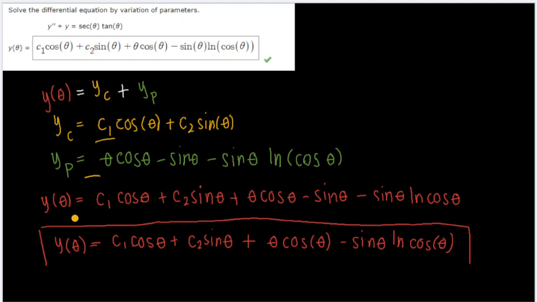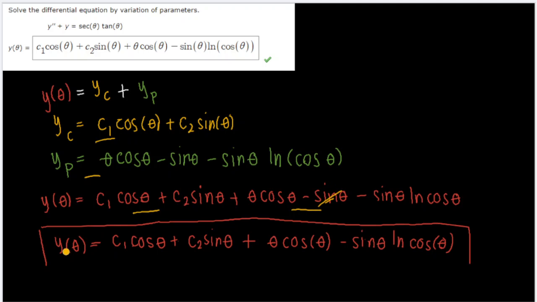But we can neglect this sine theta here, because we have c2 sine theta in our complementary function, and c2 minus 1 is just any constant. Any constant minus 1 is just some constant c2 also. So that's why the term containing sine theta in our particular solution, we can neglect.